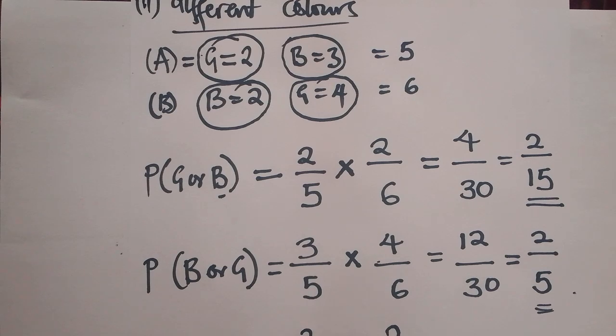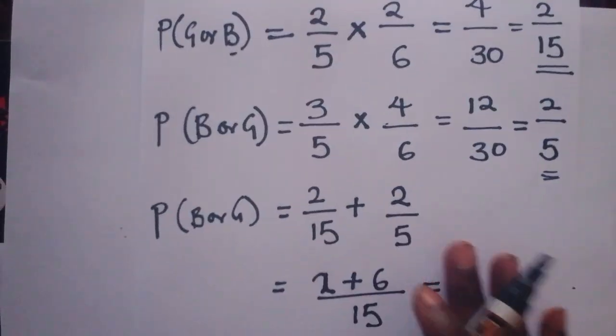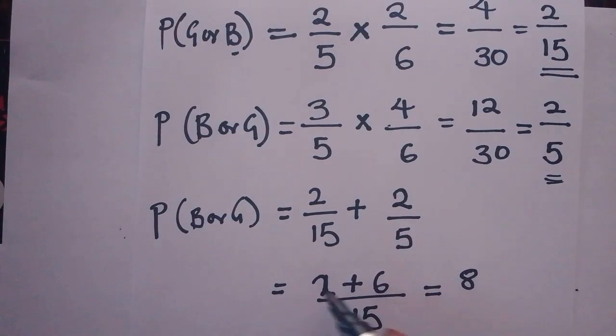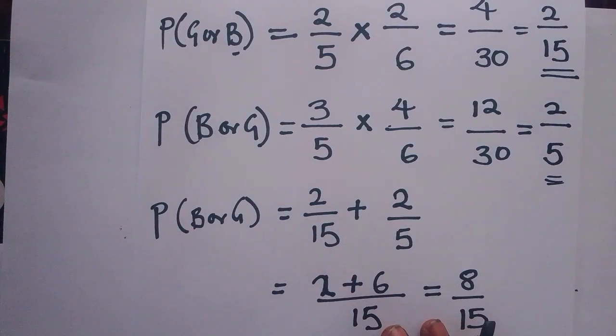Here the common denominator is 15. 15 into 15 is 1, 1 times 2 is 2. Plus 5 into 15 is 3, 3 times 2 is 6. Then if you add 6 plus 2, you get 8 over 15. So this is your final probability of picking different colors.